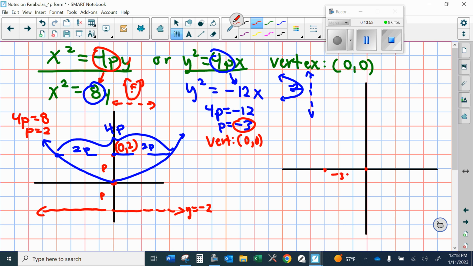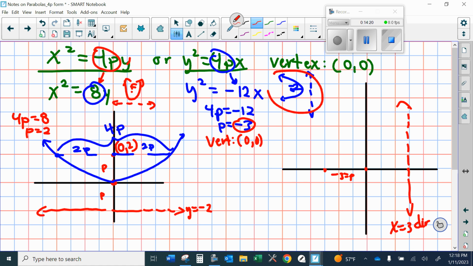So negative 3 equals p, which means I'm going the other direction 3, and then I'm drawing a vertical line since it opens to the left. That's x equals 3 for the directrix, put dir for directrix. Because you're going to be asked what's the equation of the directrix at some point. There you go.